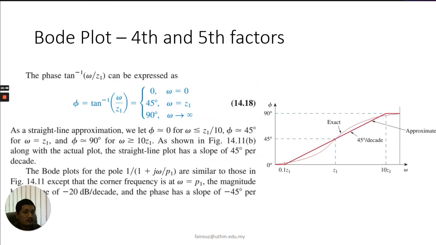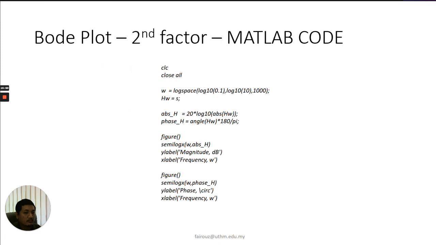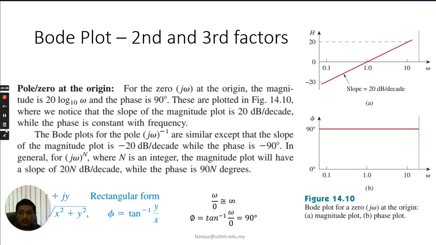And don't forget the phase plot. The phase plot for the zero is 90 degree, a straight line at 90 degree, but for the pole it is negative 90 degree. So you can see your phase is negative 90 degree.